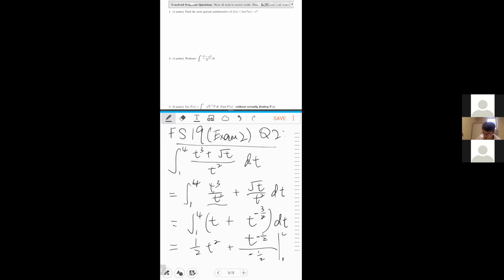Evaluate that at 1 and 4. This notation means that you need to plug in 4 and then plug in 1 and subtract. Is it okay? I'll let you finish this. The rest should be easy.